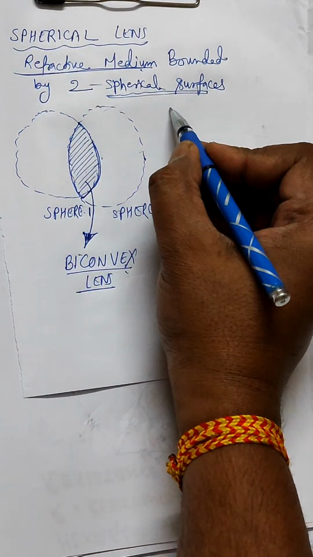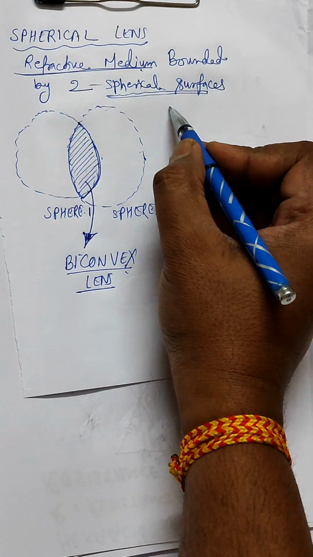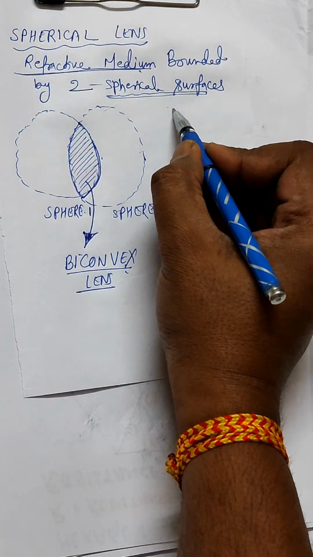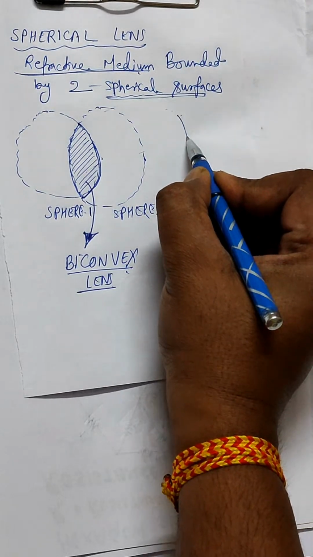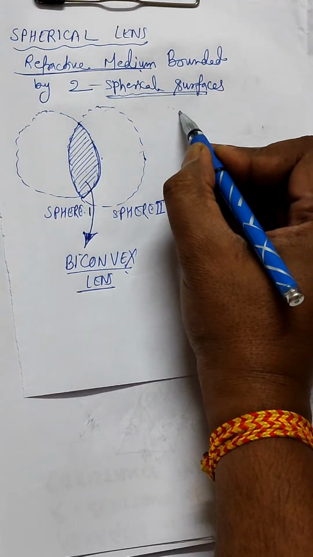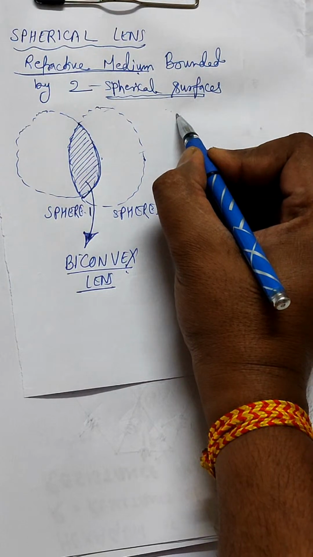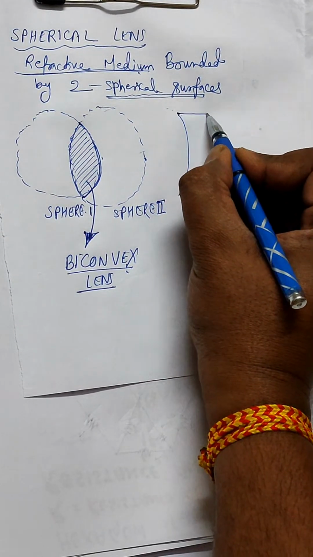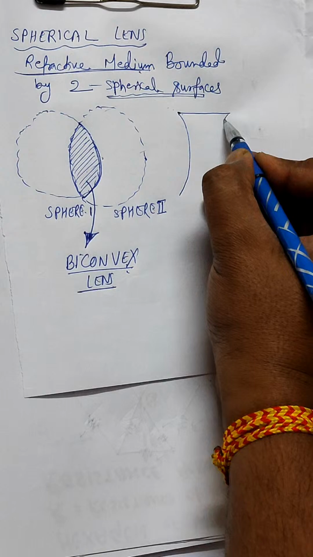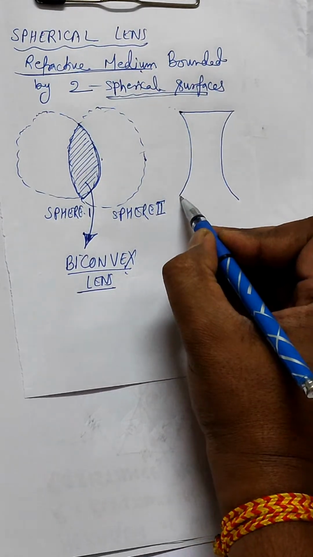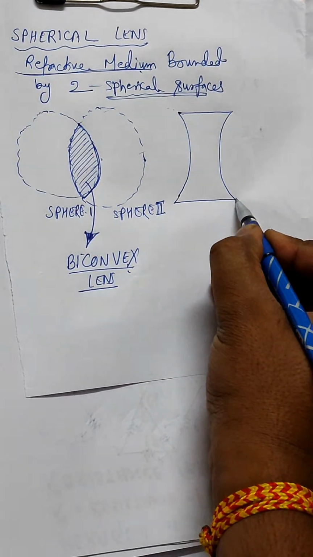And if the surface is like this, if you have seen this lens, a biconcave lens, right? It is seen like this. This is a biconcave lens.